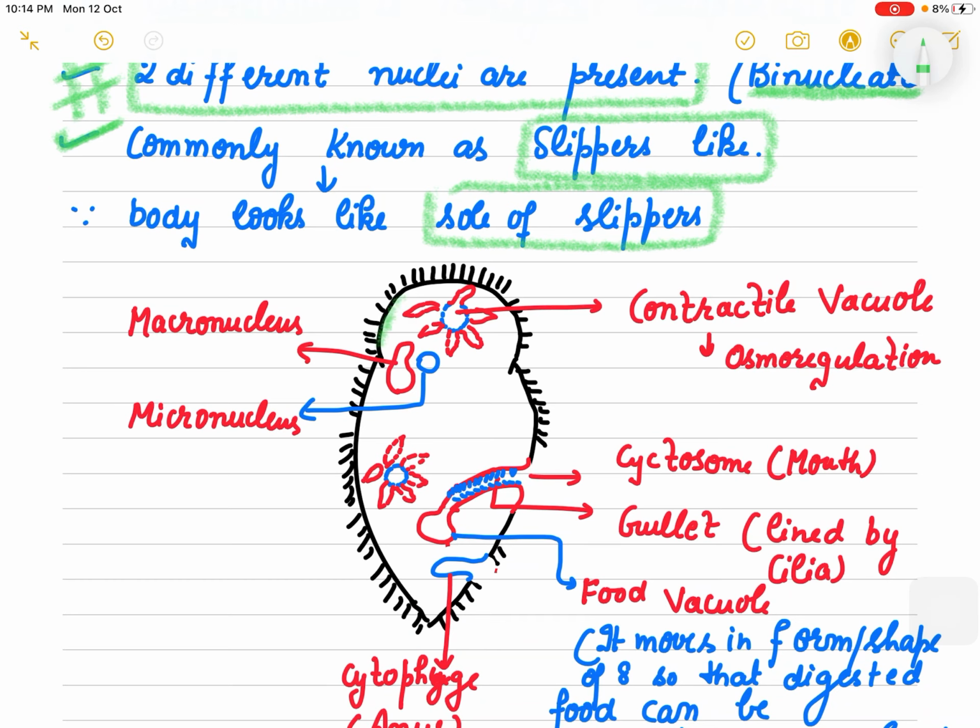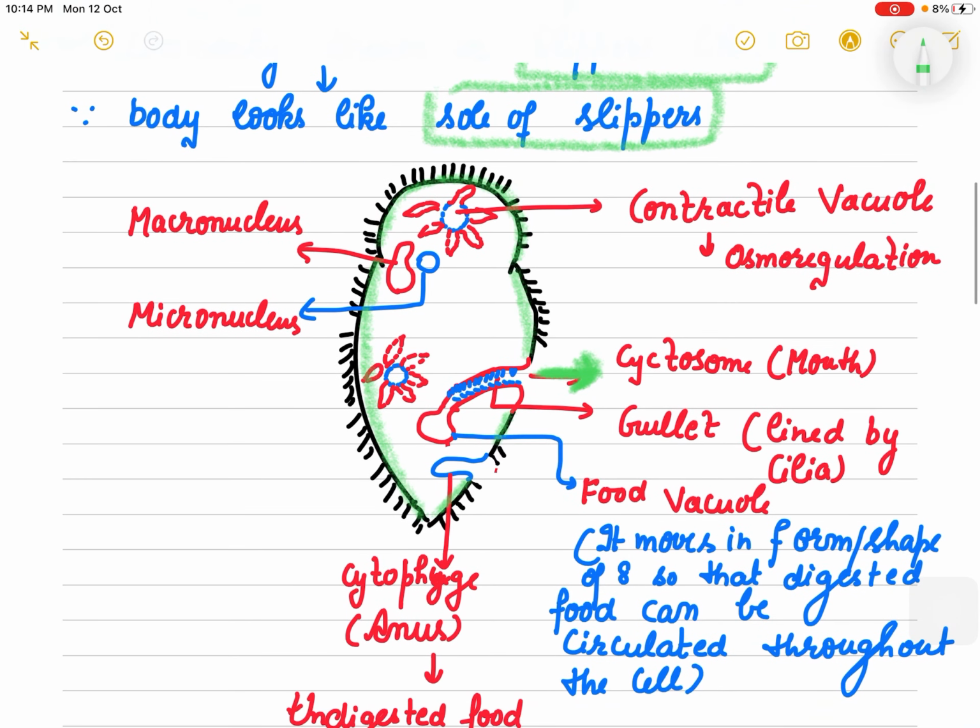When you draw the paramecium, it has cilia all over the body, right? Now here is the structure known as cytosome, and this opening is known as the mouth, through which food enters into the paramecium.